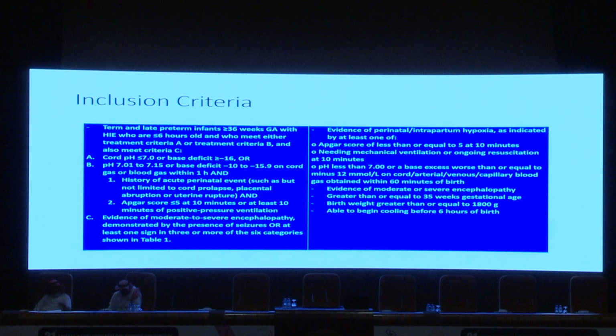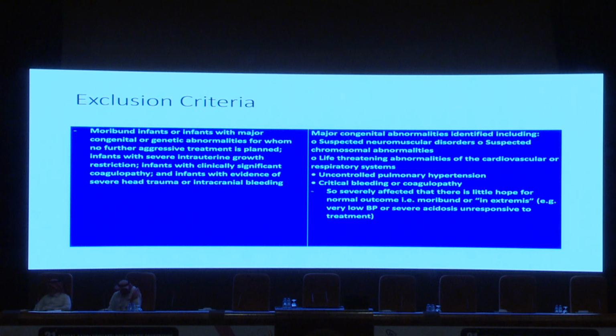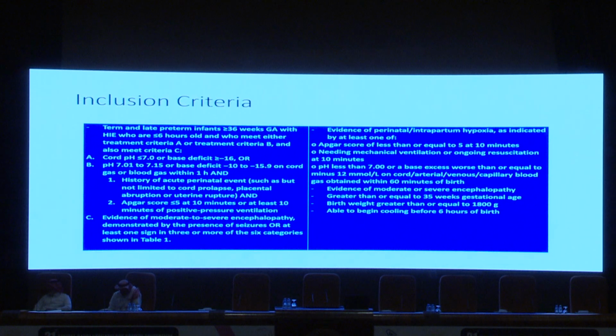The inclusion criteria: of course I will not go through what the inclusion and exclusion criteria for hypothermia are, but I always tell my fellows that to know the inclusion criteria in HIE, take it the other way around. HIE consists of 3 letters; walk backwards.